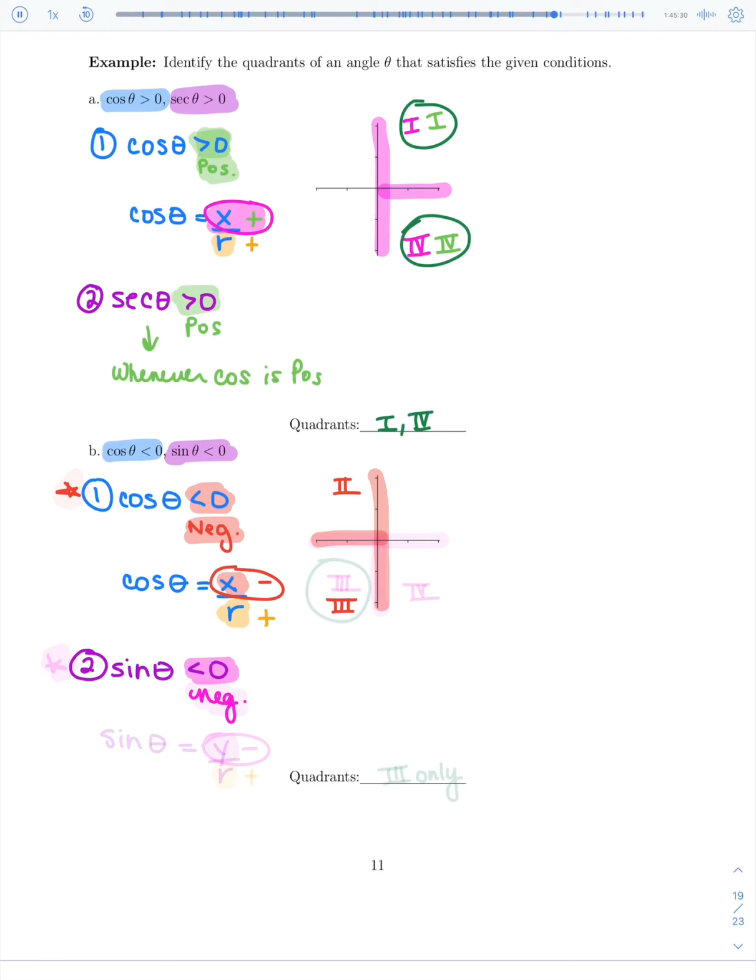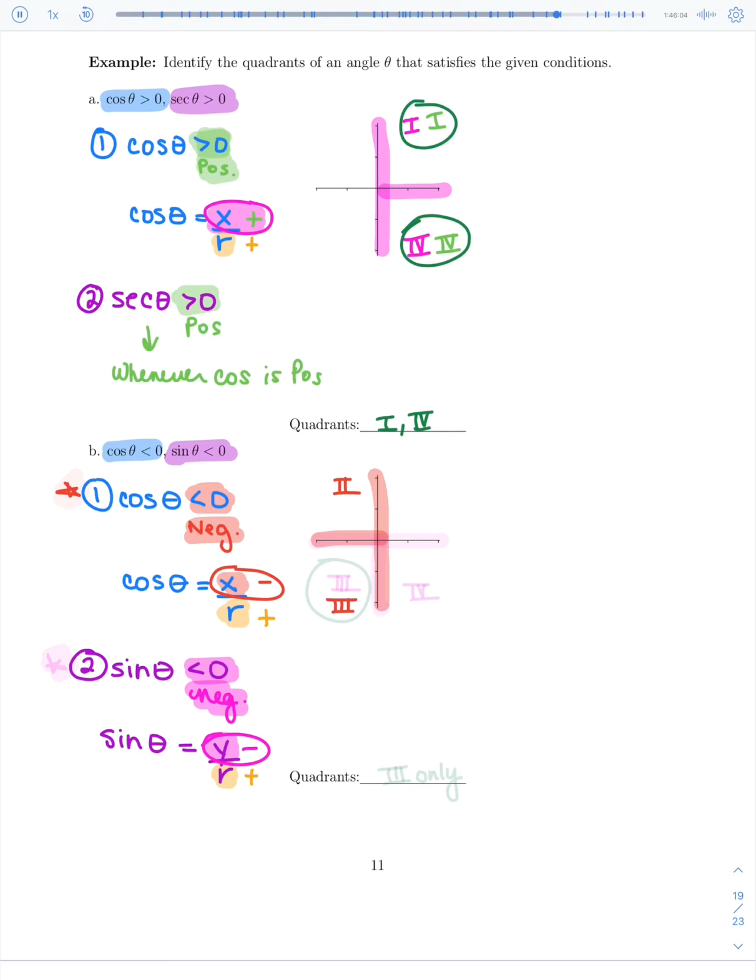Okay, what is sine then? Sine, remember, is opposite over hypotenuse, so that would mean y over r. We already said that r is always going to be positive, and in order to get a negative for the sine, the only way to do that if r is already positive is if y is negative.